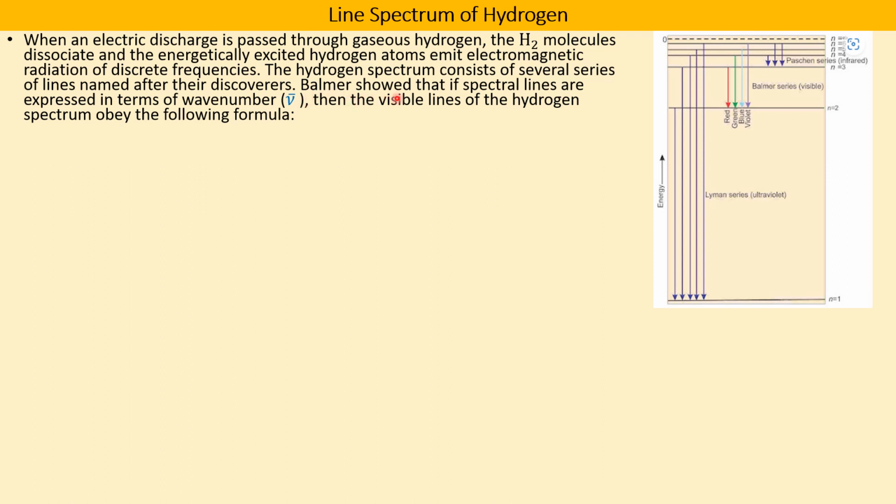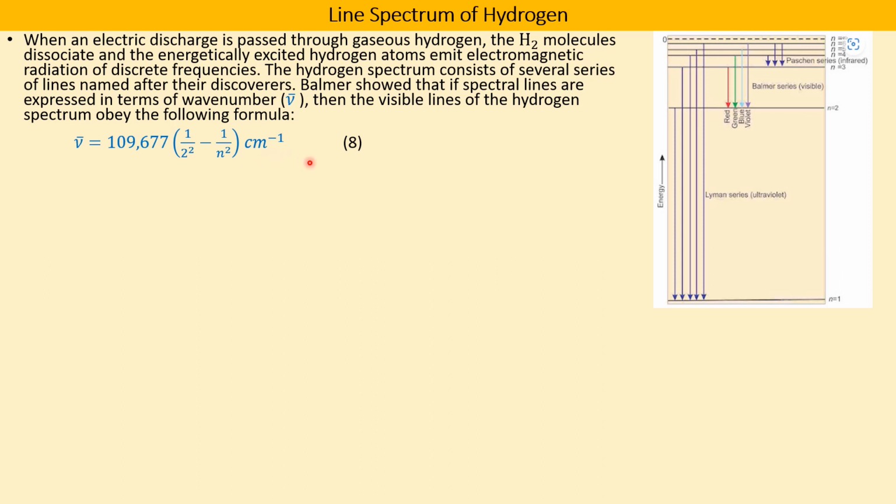Balmer showed that if spectral lines are expressed in terms of wave number, then the visible lines of the hydrogen spectrum obey the following formula: wave number ν̄ = 109,677 × (1/2² − 1/n²) per centimeter.